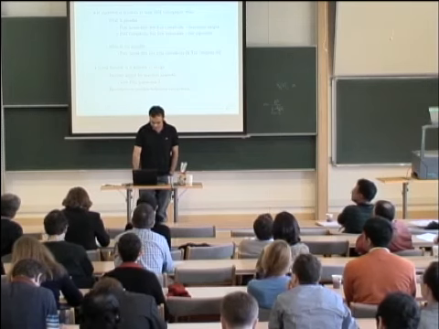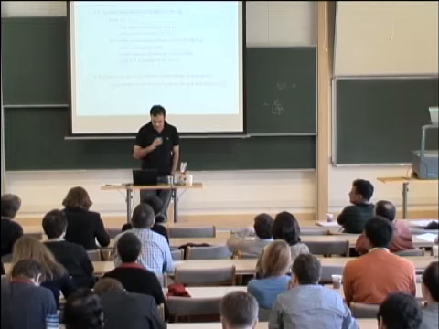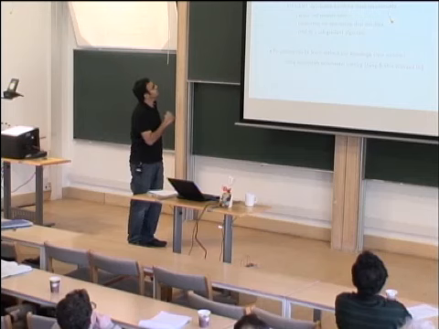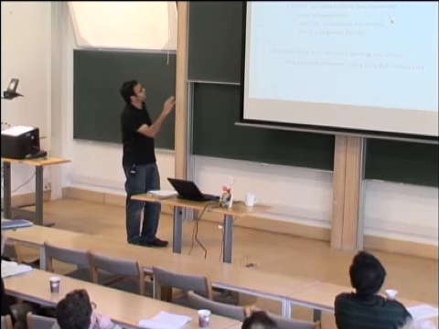Okay. And then last slide, I promised Venkat. There is a very nice work by Jiang and Walrand, which is an alternative approach. It's done at the same time, and it is different because of the following reason. The way I understand, the philosophy is the following.